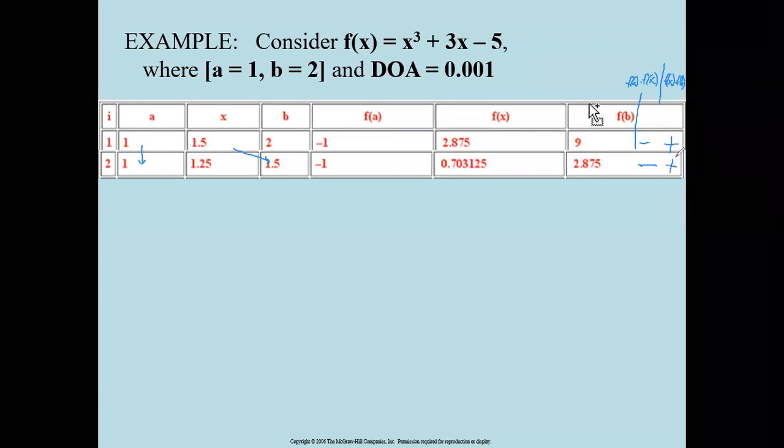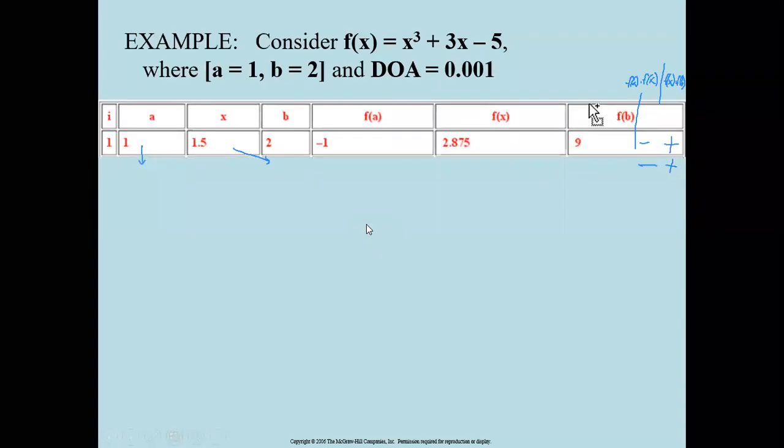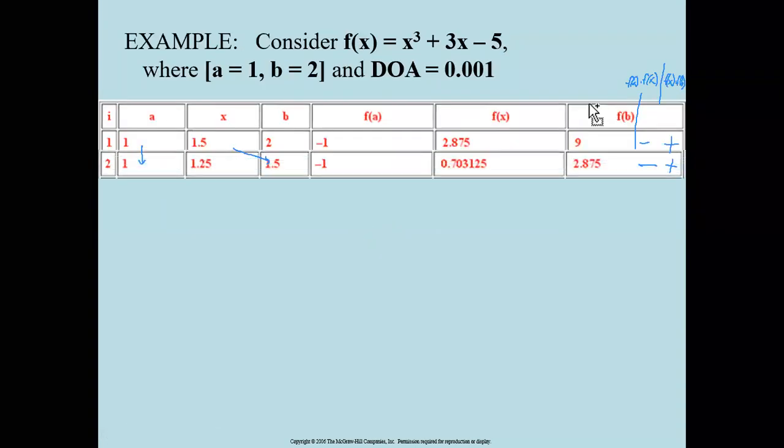This one is positive. Okay. So what would be our stopping criteria? If we reach the condition that f(x) is equal to 0, or the absolute value of f(x) is less than or equal to the stated degree of accuracy in the problem. For this case, our DOA is 0.001.